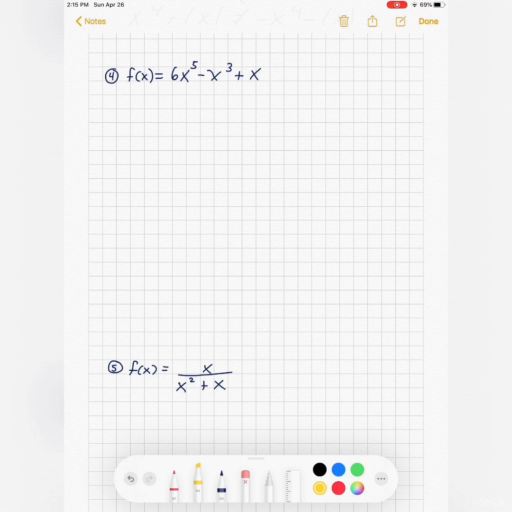Okay, a couple more here. So what about this polynomial function? Okay, f of negative x.